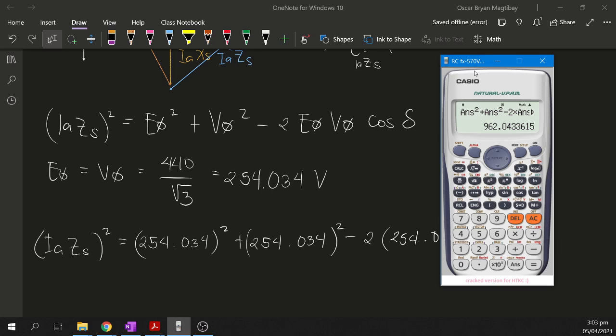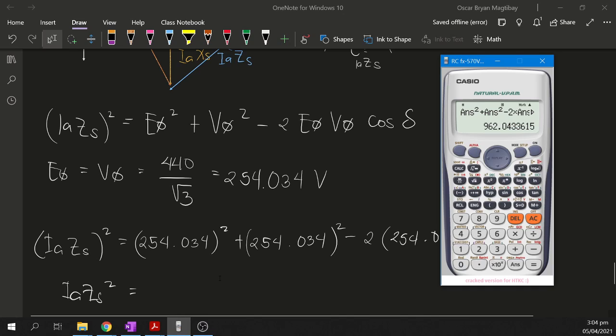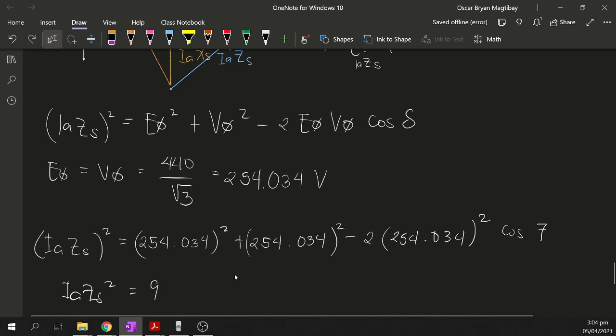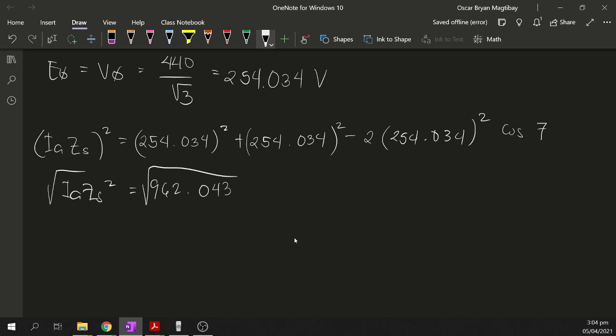So, IAZS squared is equal to 962.043. Then we need to square both sides to get IAZS.